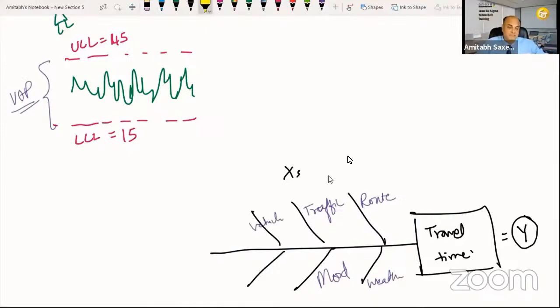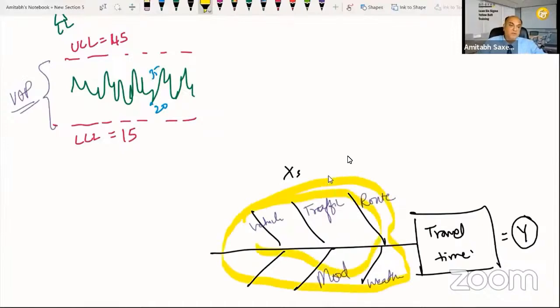Now, a statistical answer to a question. Suppose my boss asked, yesterday you took 20 minutes, today you took 35 minutes. Why? The statistical answer would be, a lot of causes are acting on my system and producing this variation. And we call this common cause variation.